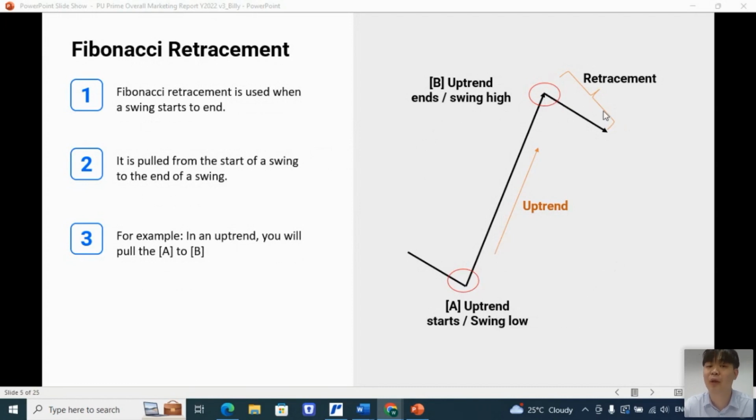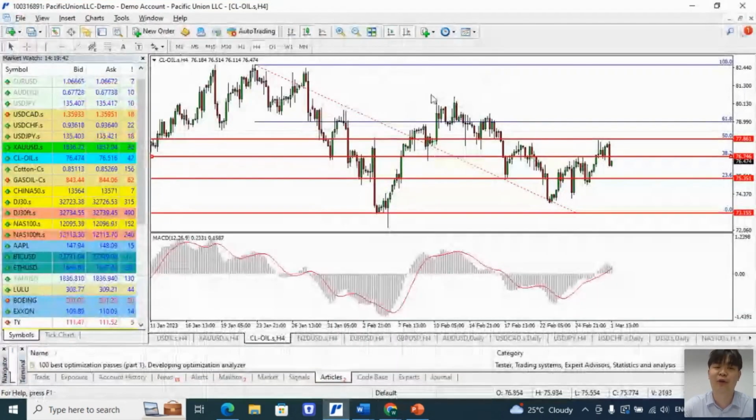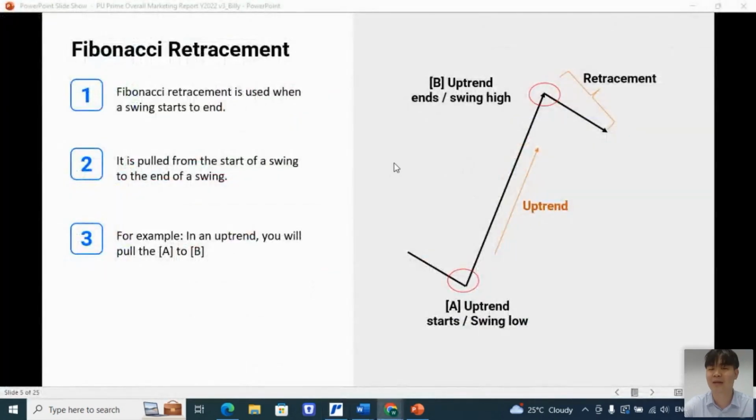Don't worry, later I will show you how to draw it in MT4. So to clarify, you draw from lower to above, but for the Fibonacci retracement to be more efficient, we need to have a 25% or 30% retracement. You need to draw from A to B, making sure there is a retracement over here.